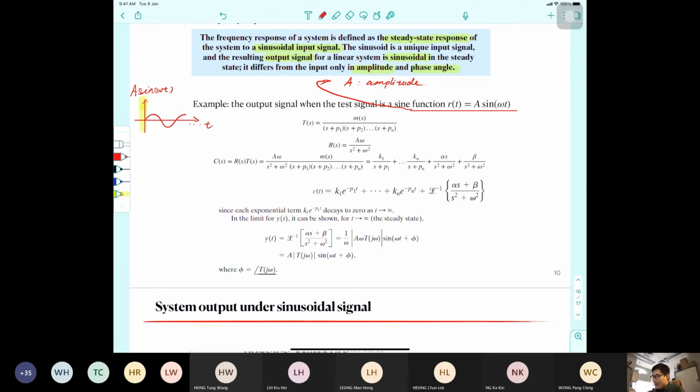Okay. And for a sine function, for example, A sine omega t plus phi. If the function equals this, A is the amplitude, phi is the phase angle.